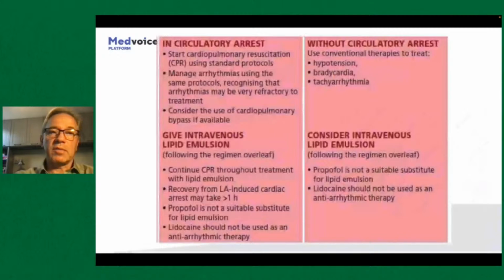In case of cardiovascular arrest, you would start cardiopulmonary resuscitation, consider bypass if it's available in your hospital, and give intravenous lipid emulsion that we will speak about later on. Without circulatory arrest, you would conventionally treat hypotension, bradycardia, tachyarrhythmias, and consider intravenous lipid emulsion.